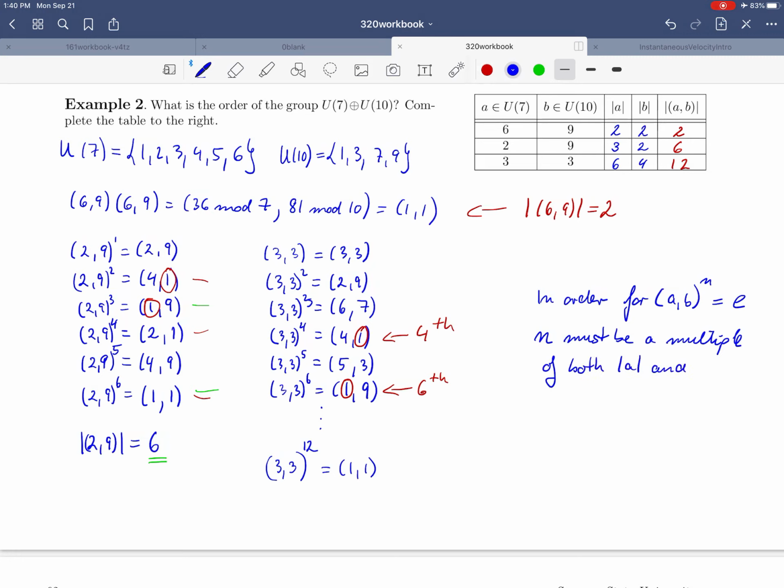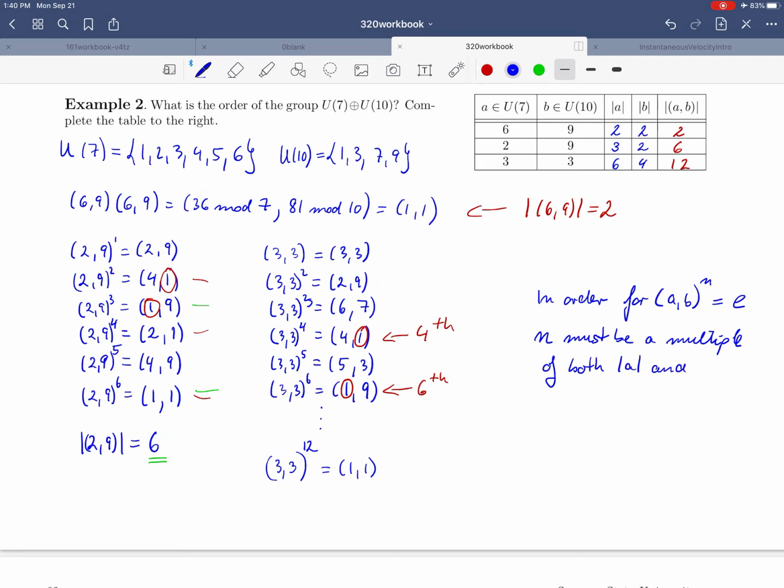And this is going to lead to our first theorem. So we need a multiple of the order of a and the order of b, and we want the first multiple that works. We have a name for that. That's called the least common multiple. And that is what Theorem 8.1 is going to say.